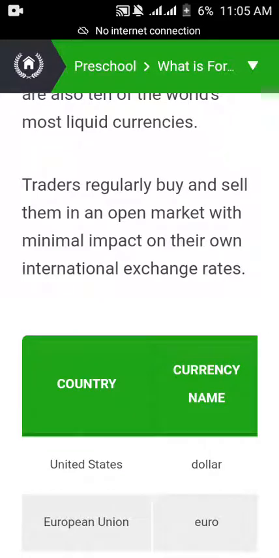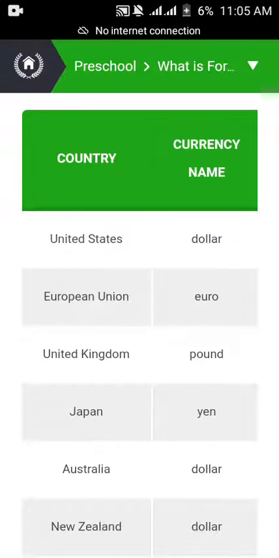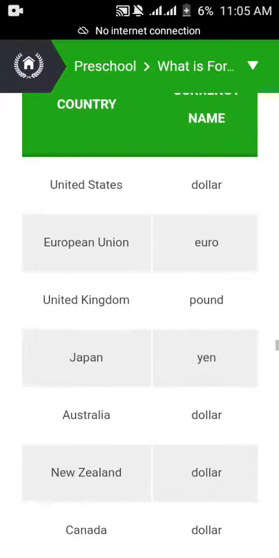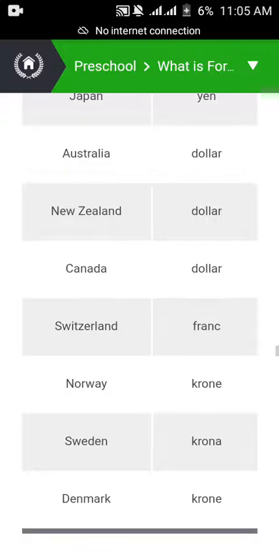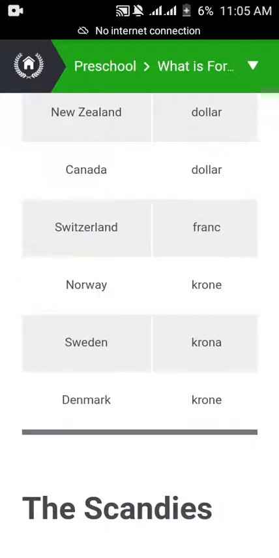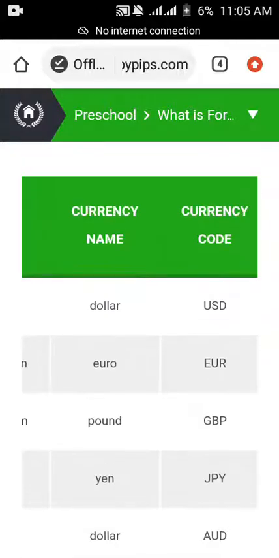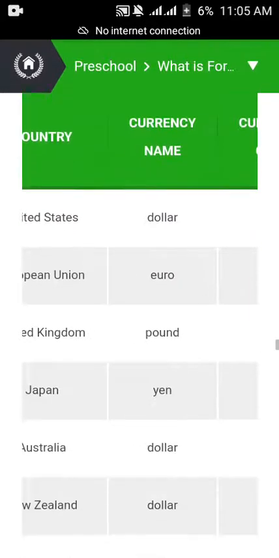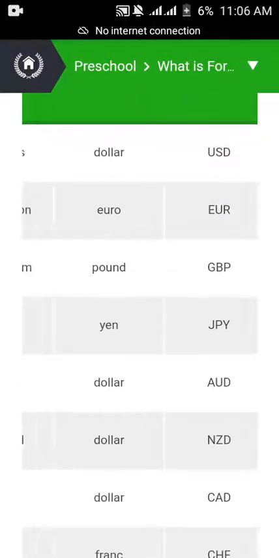Traders regularly buy and sell them in an open market with minimal impact on their own international exchange rates. We have the countries United States, European Union, United Kingdom, Japan, Australia, New Zealand, Canada, Switzerland, Norway, Sweden, and Denmark. And these are the currencies: dollar, euro, pound, yen, dollar, and so on. Then these are the codes: USD, EUR. You already know some of them.